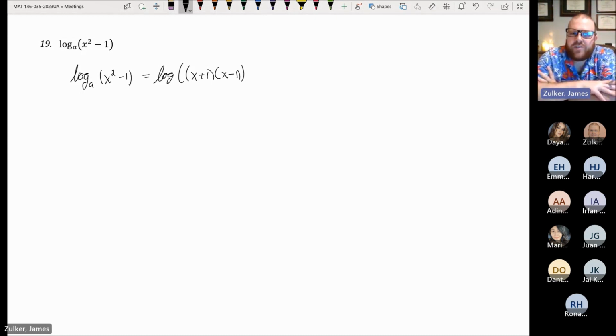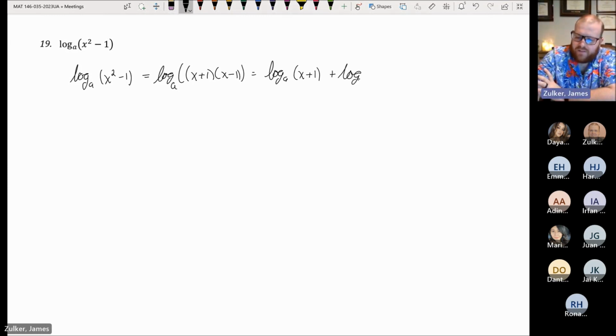So difference of squares, so it's x plus 1 times x minus 1. Which then becomes sum of logs.